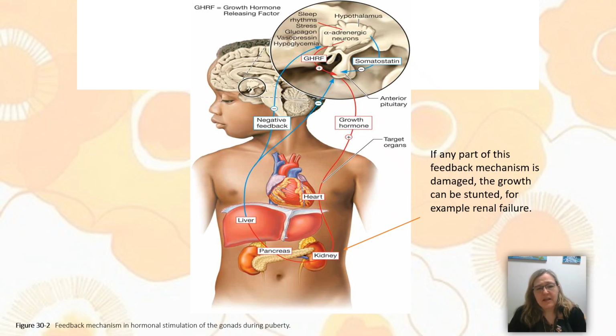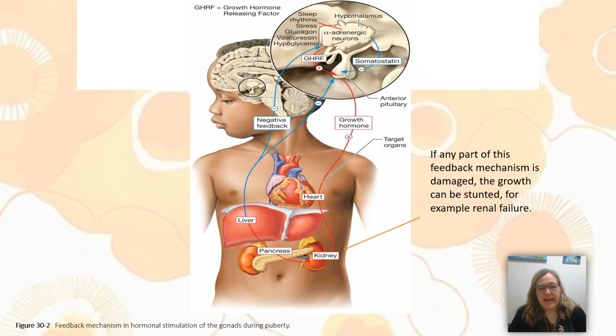In boys, luteinizing hormone produces a release of testosterone. In females, follicle stimulating hormone stimulates the ovarian follicles to produce estrogen. This becomes a feedback inhibition, or a negative feedback loop.